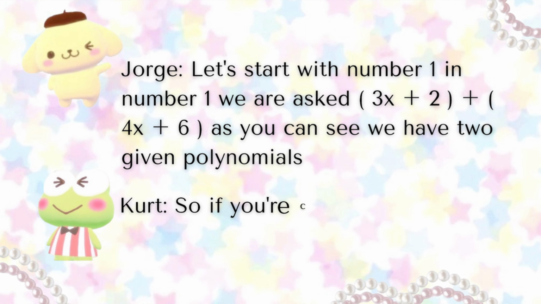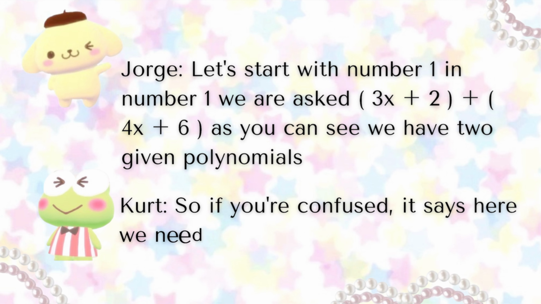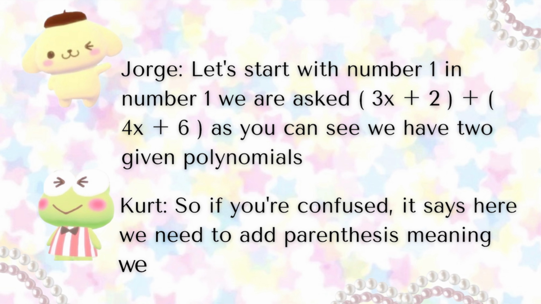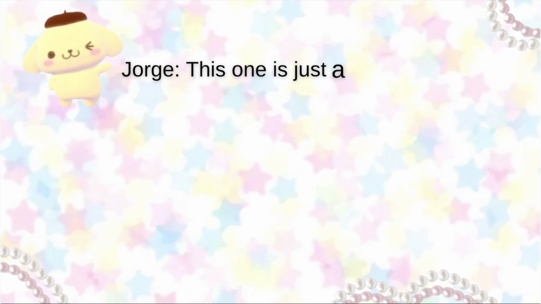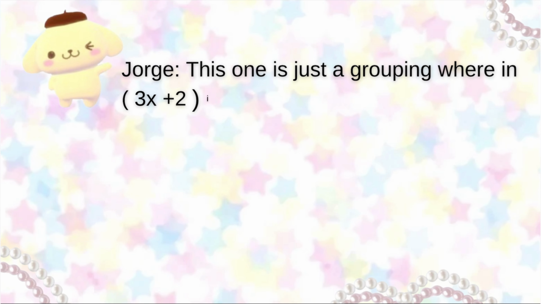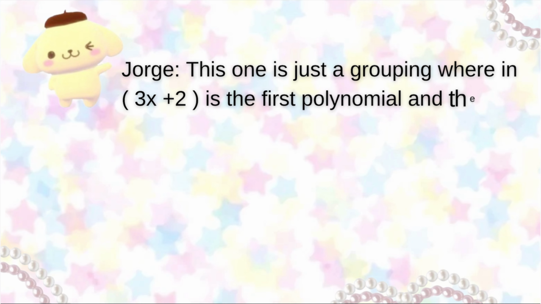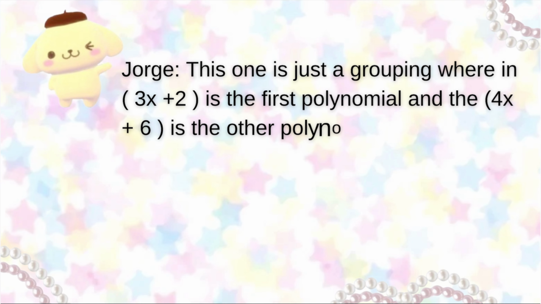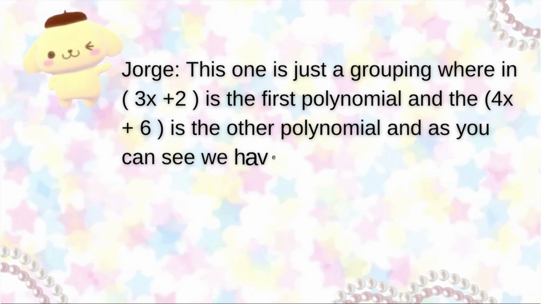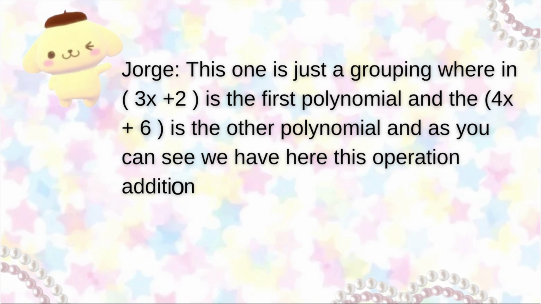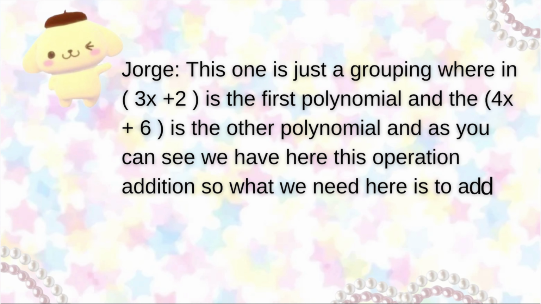If you're confused, it says here we need to add parentheses, does that mean we need to multiply? No. This one is just a grouping, wherein 3x + 2 is the first polynomial, and 4x + 6 is the other polynomial. And as you can see, we have here the operation addition. What we need here is to add them.